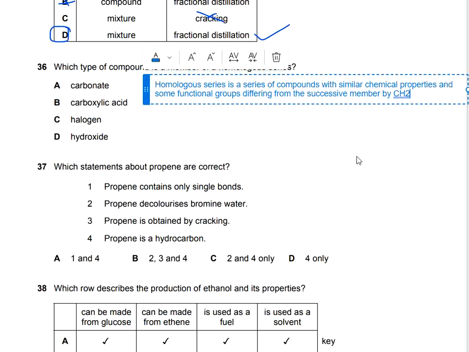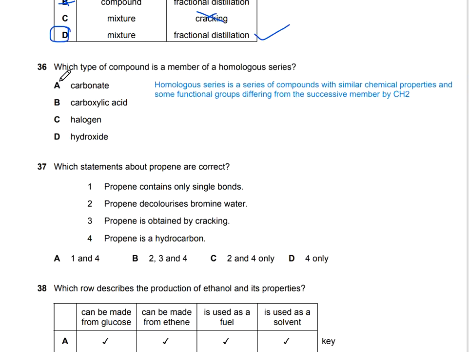Examples of that are the alkenes, the alkynes, and so on. So carbonate is not a part of a homologous series. However, we have carboxylic acid. They are members of a homologous series, not the halogen, not the hydroxide. So the correct answer for this is letter B.